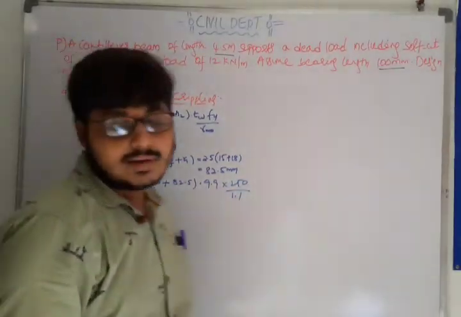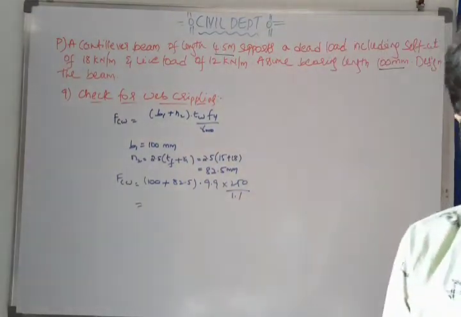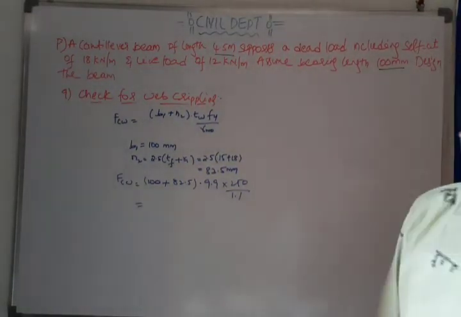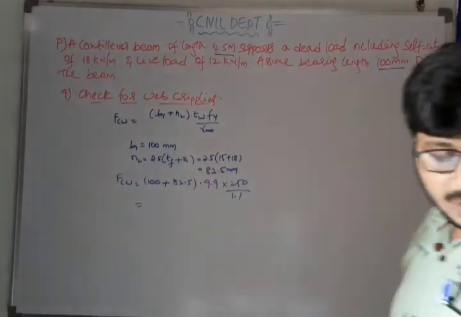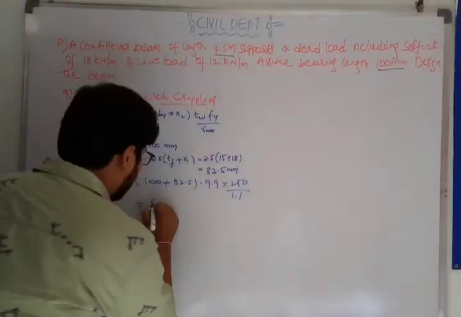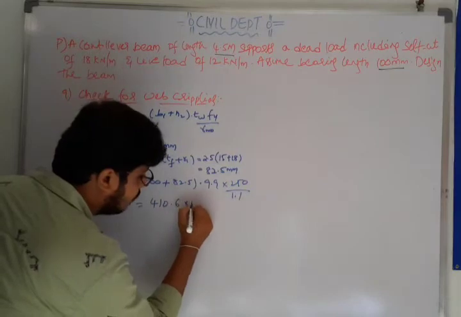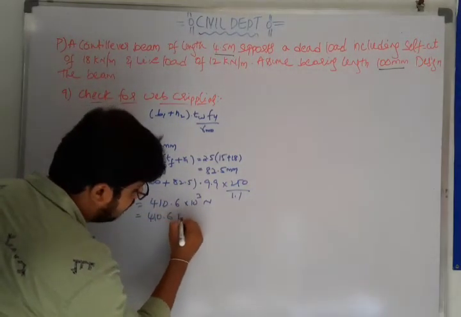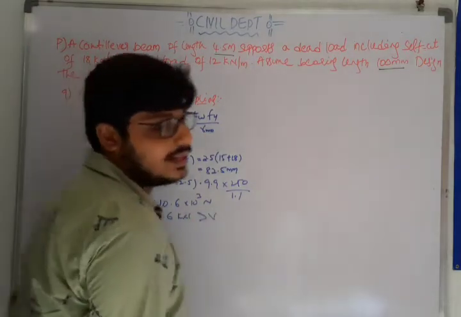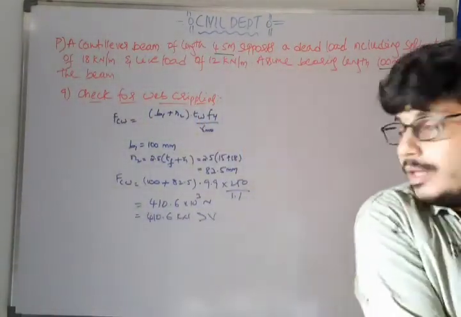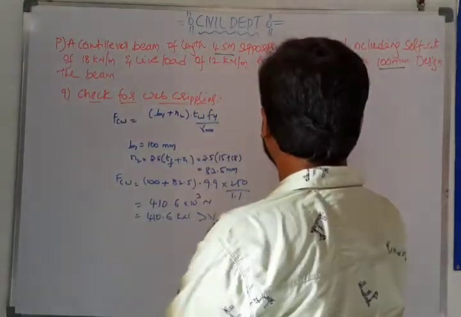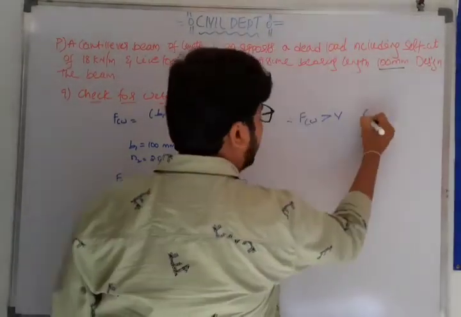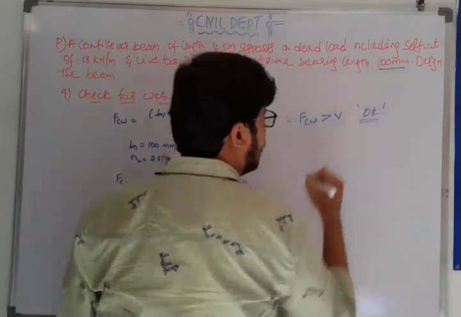So we will get the value of F_CW as 410.6 into 10 cube newtons, that is 410.6 kilonewtons, which is greater than V. Therefore F_CW is greater than V. Hence okay.